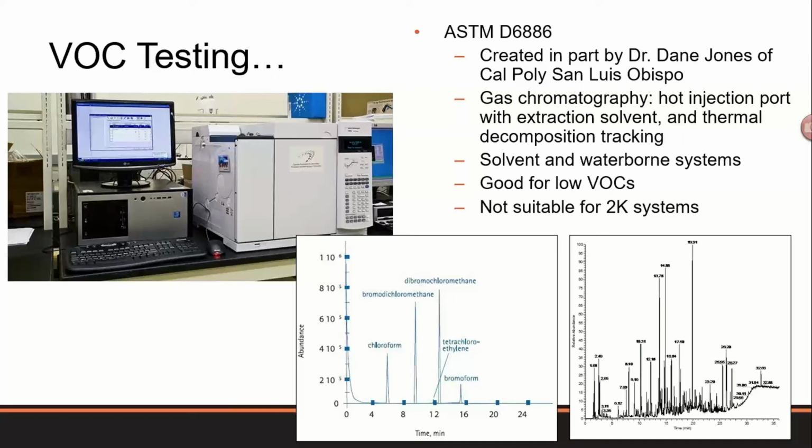So where it says chloroform and dibromochloromethane, this is what we would see using a gas chromatography. So after a certain amount of time, we would then see a peak, and this peak indicates certain chemicals. And we know this because at one point, through a lot of time and effort, somebody went with these chemicals one by one and figured out where they eluted and what time they came out at.